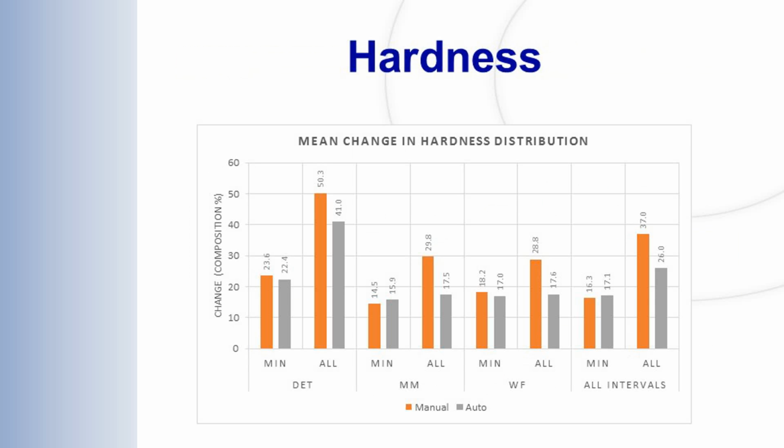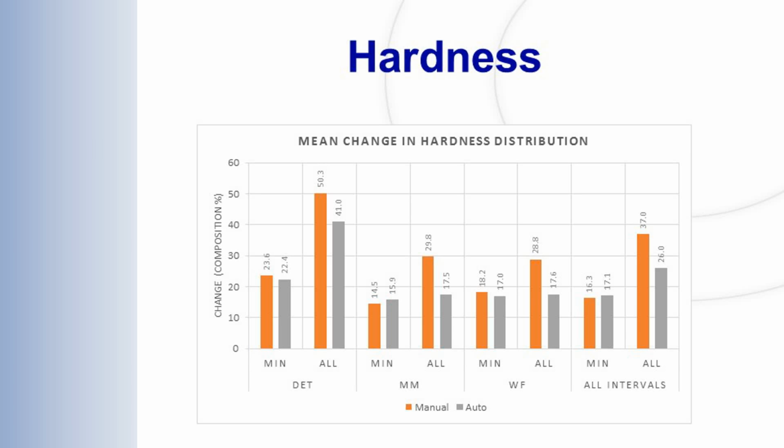We also looked at the hardness of the various compositions. The hardness is looked at in terms of hard, medium and friable types. The change in hardness is the percentage of material that was changed from, say, a hard bin to the medium bin, or from the medium bin to the friable bin.